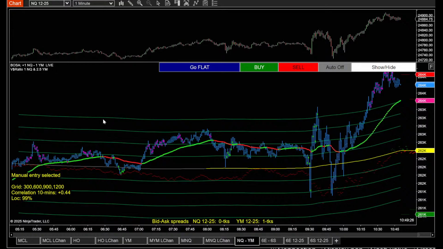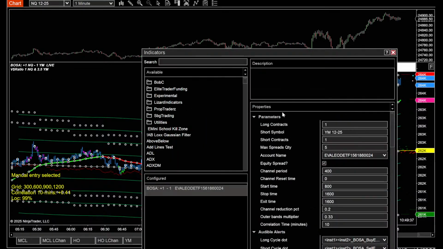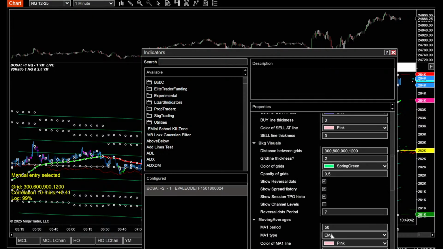Let me give you an example. If we wanted to make these two equal so that the spreading is more equal, I'm going to double the NQ and double the YM numbers. So it's 2 NQ against 5 YM.